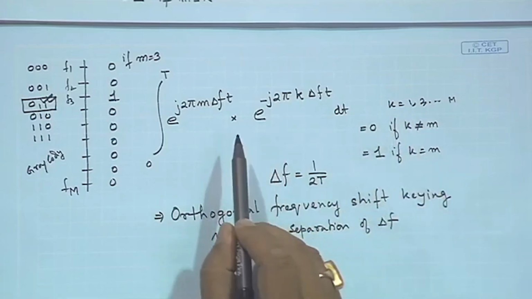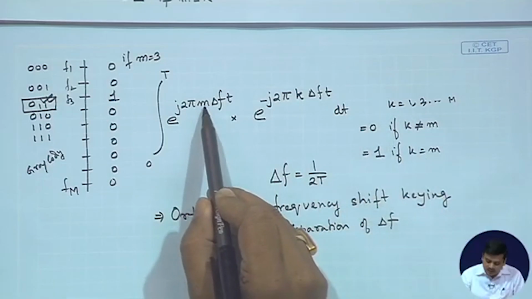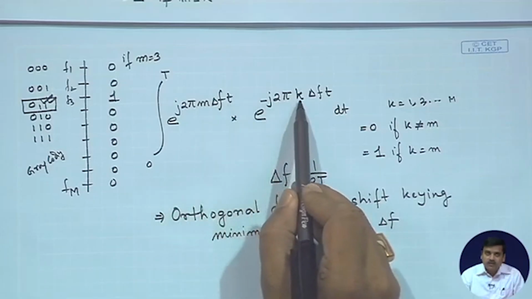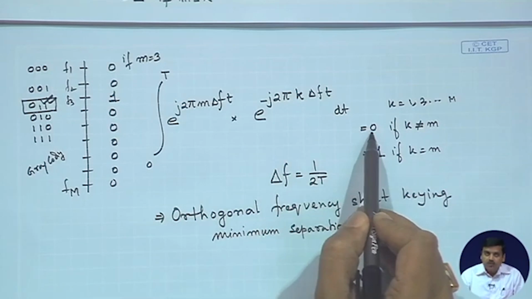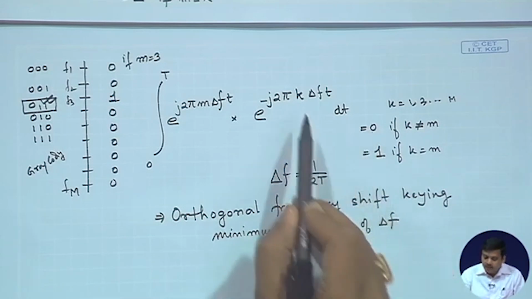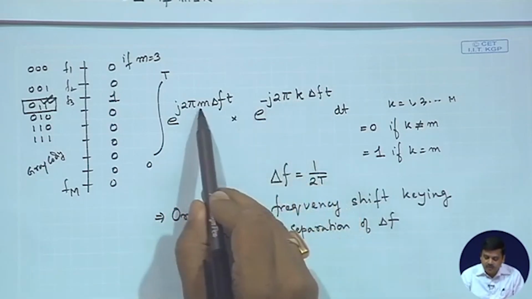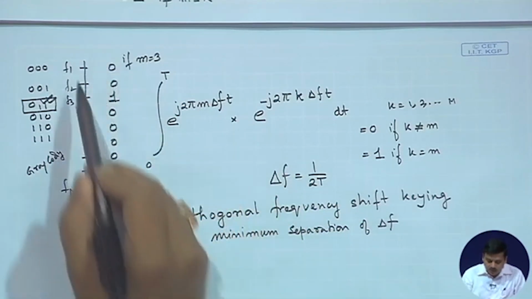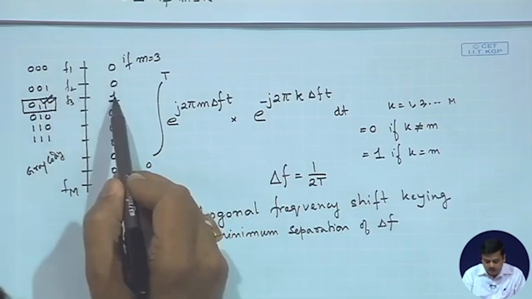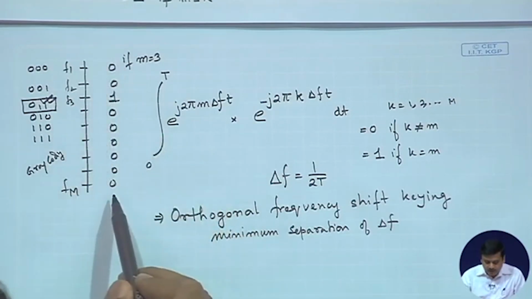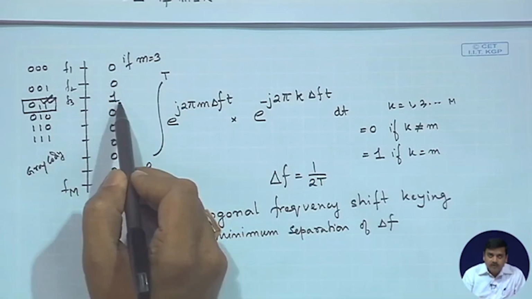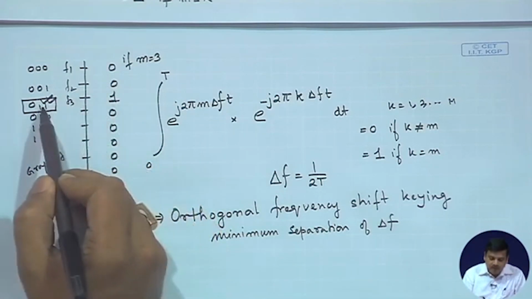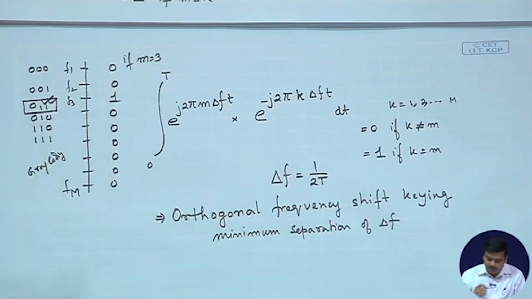So, we have M possible signals, capital M possible signals, we will be correlating with all such things as indicated here, and we will find that if the received signal is not equal to the particular signal against which I am correlating, my outcome would be 0, and it will be 1 if my chosen signal at the receiver is same as the signal that I have received from the transmitter, and this would clearly produce an outcome of correlation with signal 1, signal 2, signal 3, signal 4 and so on, and thereby I would be able to identify which particular frequency was chosen, and accordingly once I identify, I will be able to select the particular bit sequence.